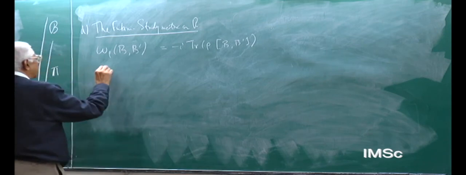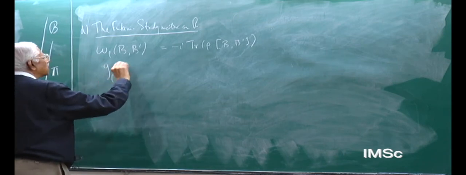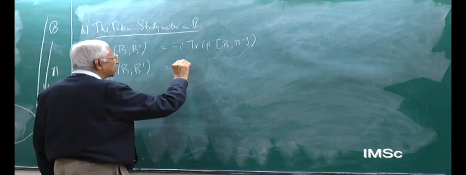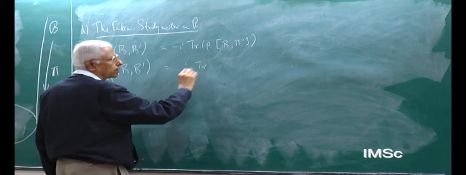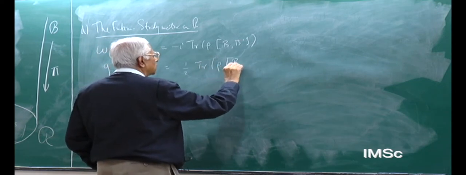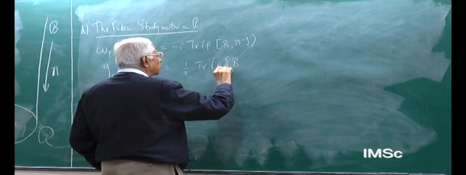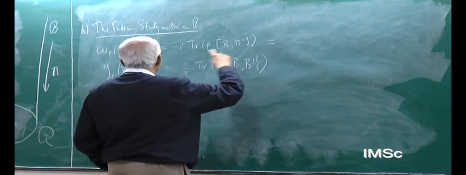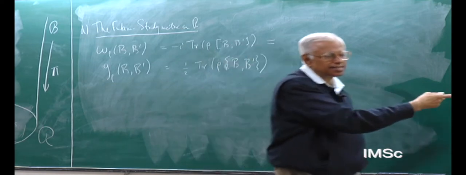All right. And now we have shown that the Riemannian metric is 1/2 trace rho anti-commutator B with B prime. Now, by the way, what was this in this chi description?